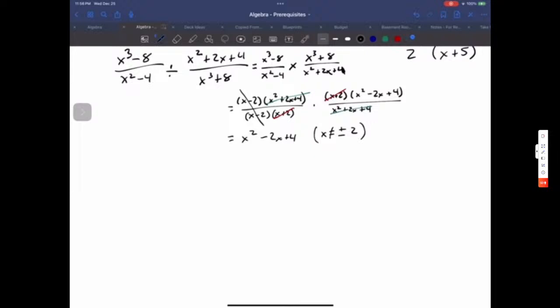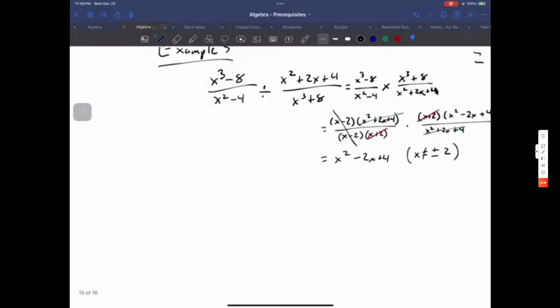He talks about subtracting rational expressions. We went through multiplication and division. That's pretty easy, quote, when it comes to this stuff, but subtraction is next.